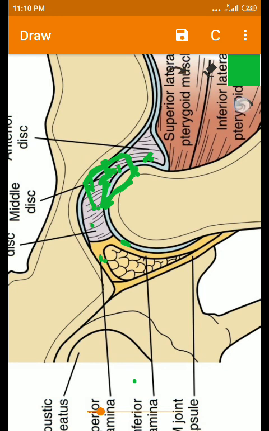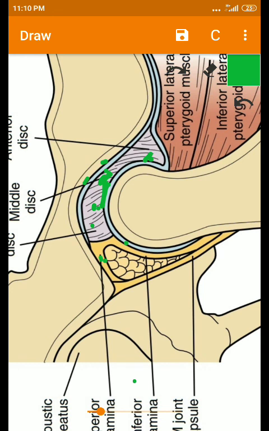The remaining two parts have greater vascular supply as well as innervation. The capsule has mechanoreceptors and nociceptors.